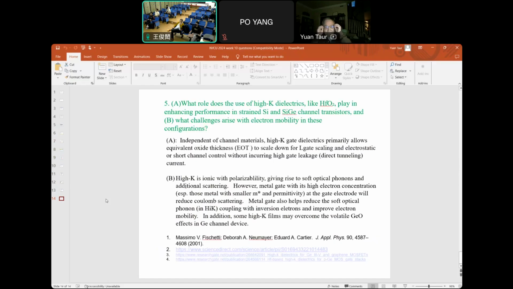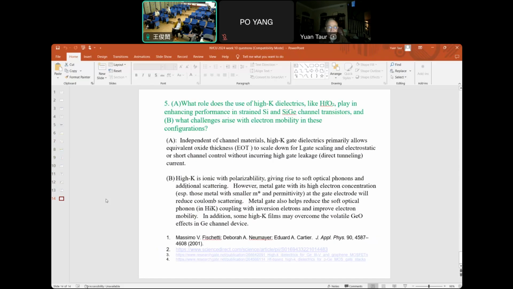But with high K material, even just in the silicon channel, there's always some intermediate interfacial layer, IL, what we call the SiO2 or SiOx, a very thin layer. So that interface, actually after many decades, what we know to be the best so far is still the silicon dioxide and silicon interface.